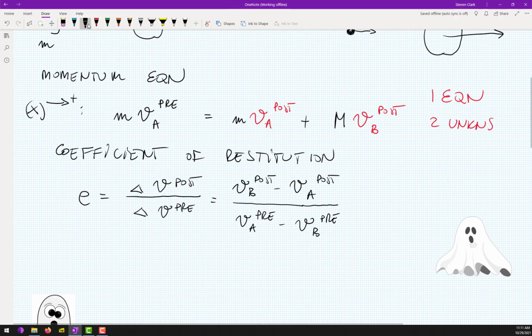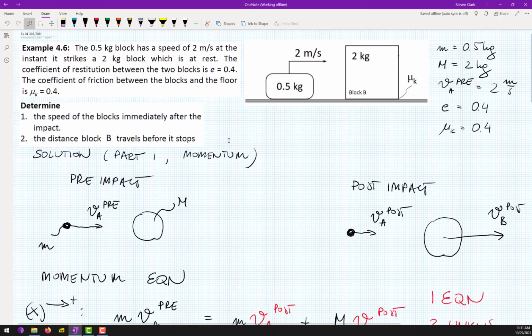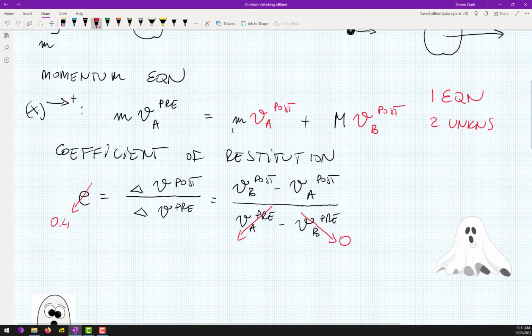So I think that this guy was 0.4. This is 0.4. They told us. This guy was at rest. And this one was how many? 2? This one was 2. Okay, great.